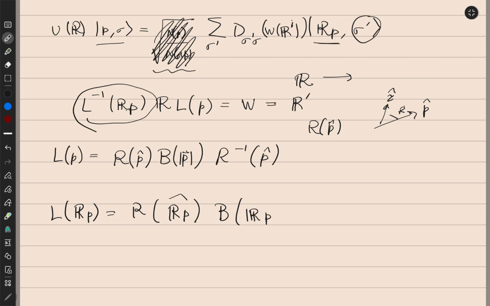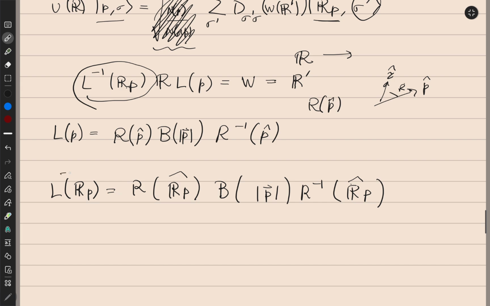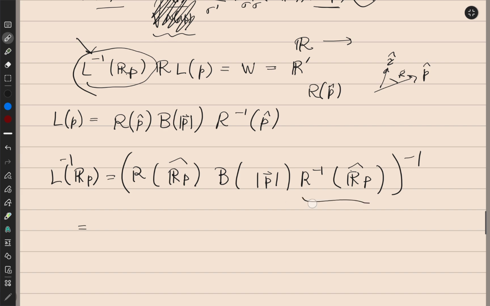So again I'll have Rp, length of Rp, and since R is a rotation, length of Rp is the same as length of p, so I can remove this. I cannot do that here because Rp cap vector is a different vector. And then followed by R inverse, and again the same thing, Rp hat. And now I have to find its inverse, so I'll invert everything. This will go first, so R inverse would just be R of Rp. Order will also change, right? And B inverse of p and R inverse of Rp.